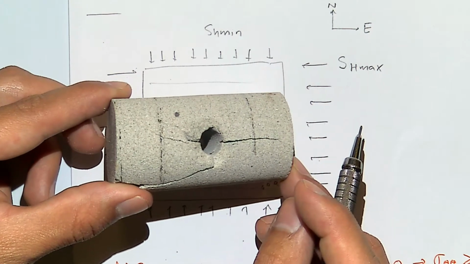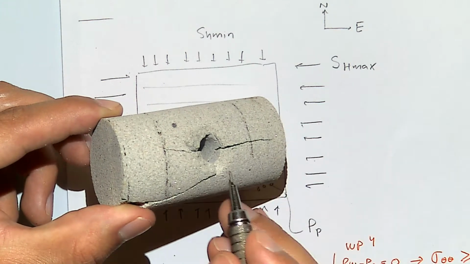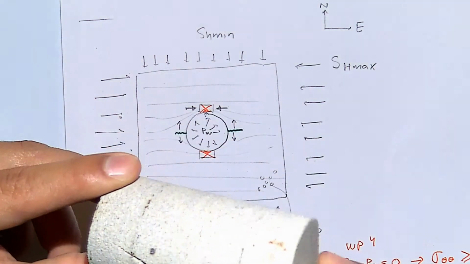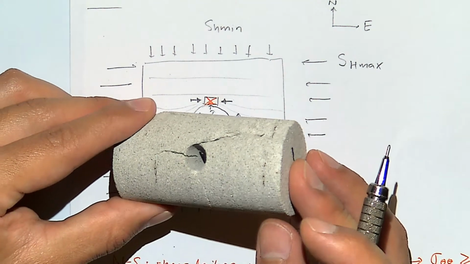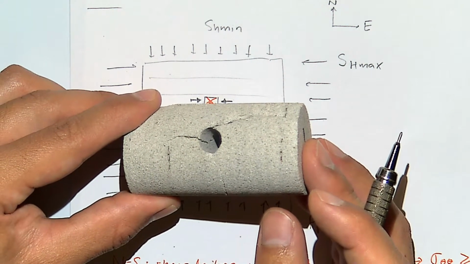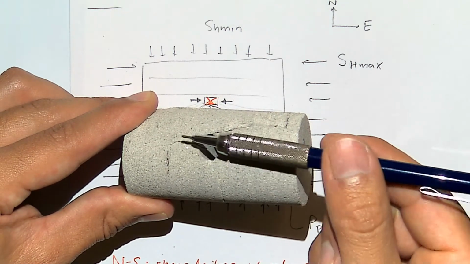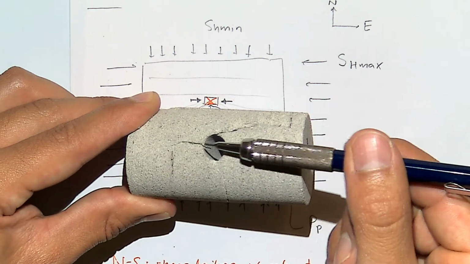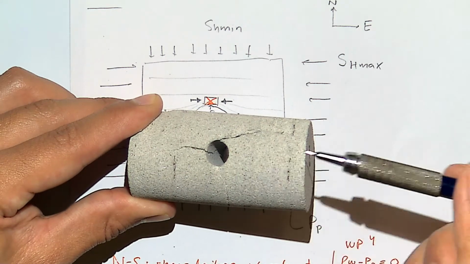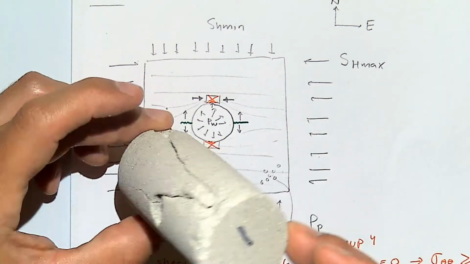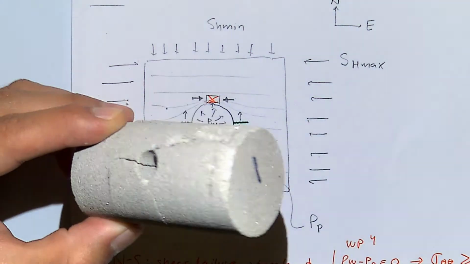If you look inside, you see this one propagated a little bit inside, but then it turned, and I think the other one propagated a little bit more inside, and then it turned. But the tensile fracture will tend to be always in the direction of the maximum principal stress.